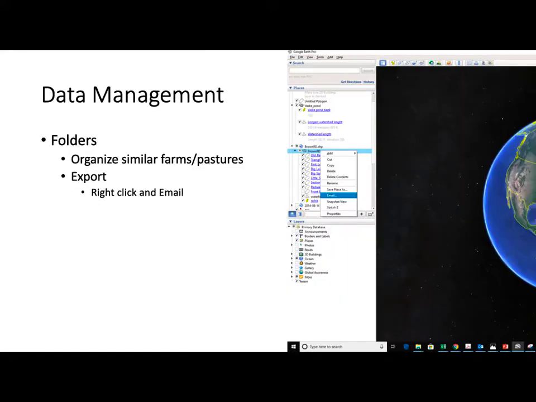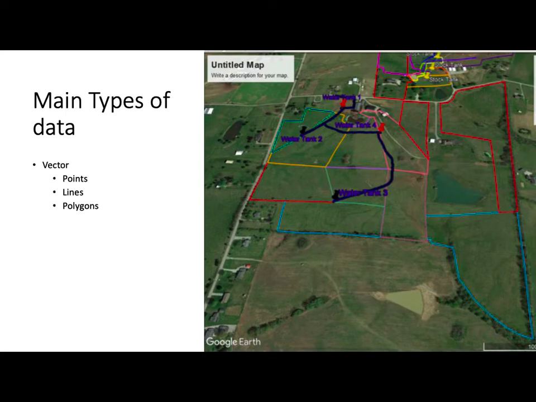And so, data management. We can actually save these, export them, and organize our files. If you have all those different fields for one farm, this is the Brown Road farm, this is the Alfred Road farm, this is Clint's farm section, you can put all those into a single file folder, or have it done by year.